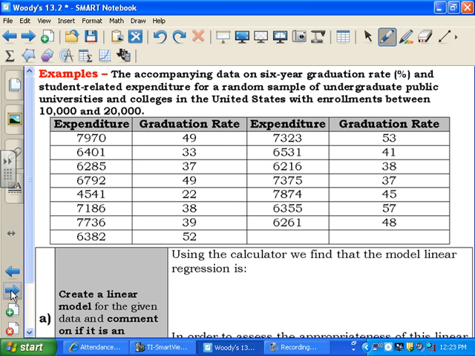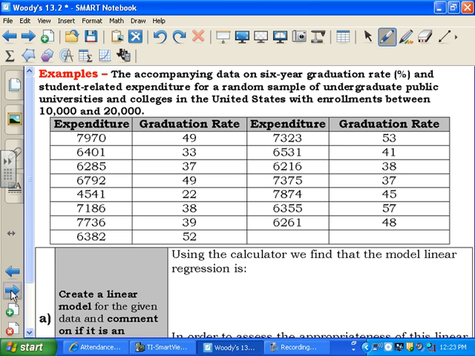So at this school, it costs about $8,000 per year to attend. The graduation rate, the probability that you will graduate if you spend that much per year and go to that school, is 49%. And for this school, if you spend $6,401 per year, that's the average amount they spend, and that's their average graduation rate, the probability that you graduate in 6 years.